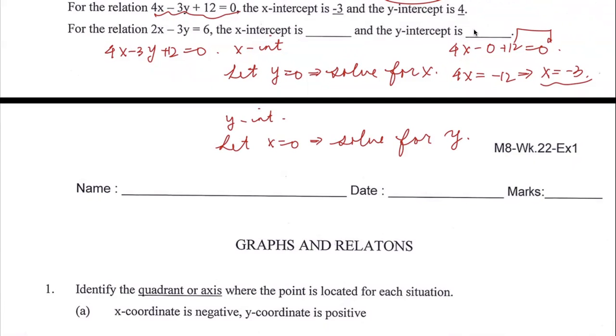Here, x is equal to 0. So 0 minus 3y plus 12 is equal to 0. So 3y is equal to 12. So y is equal to 4. So here, 4 is the y-intercept.